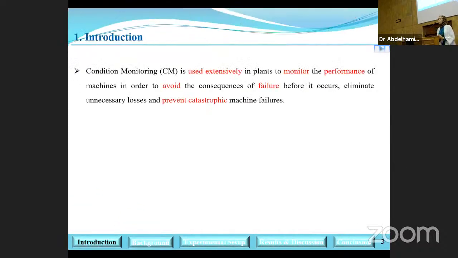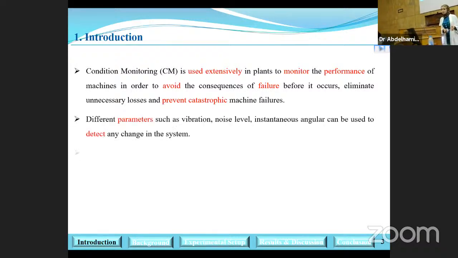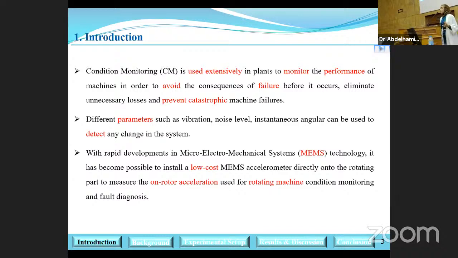If we define condition monitoring, it is the process of monitoring some particular condition in the machine, such as vibration, temperature, or any parameter, and any change in this parameter will indicate an error in the machine. In our paper, we focused on the state of rotating machines, especially the three-phase induction motor, by measuring the vibration.